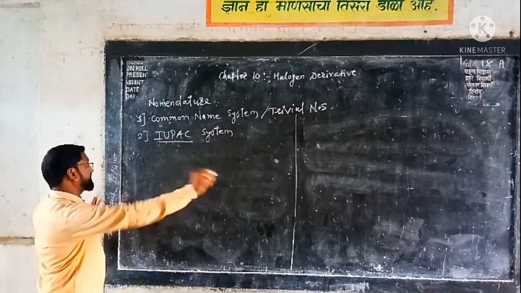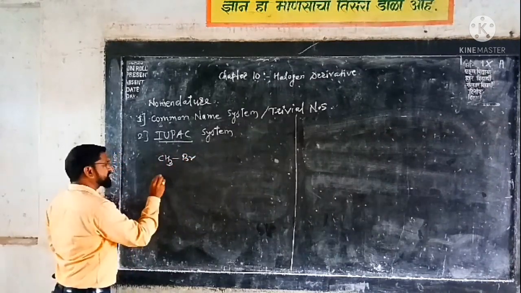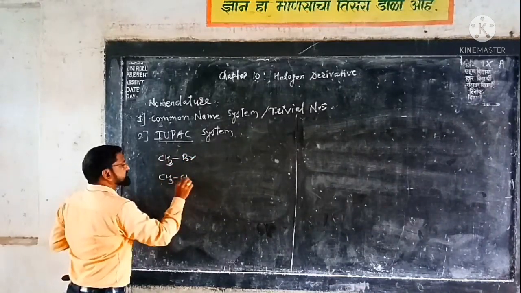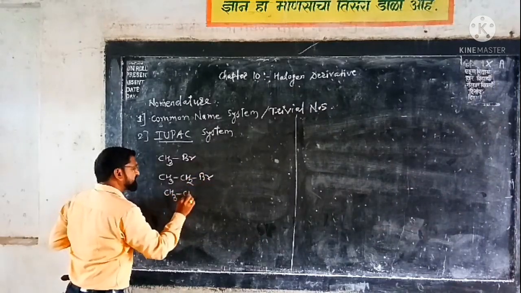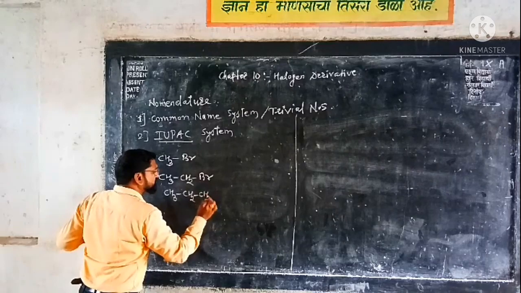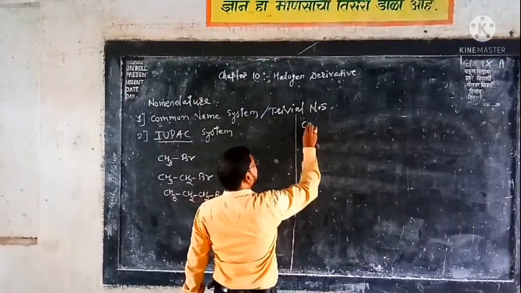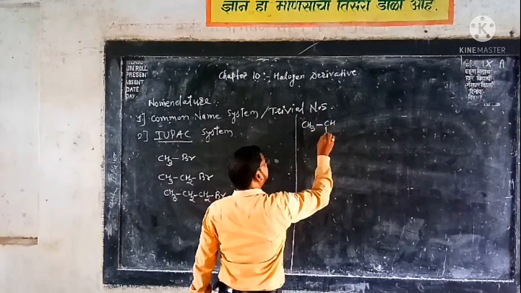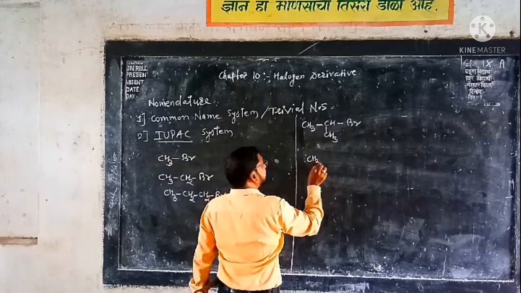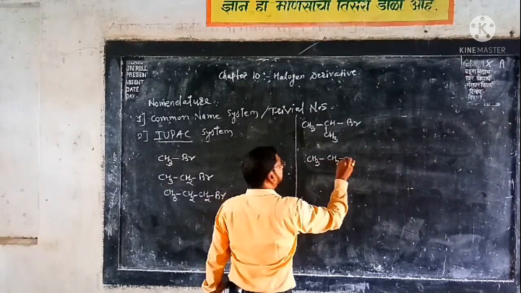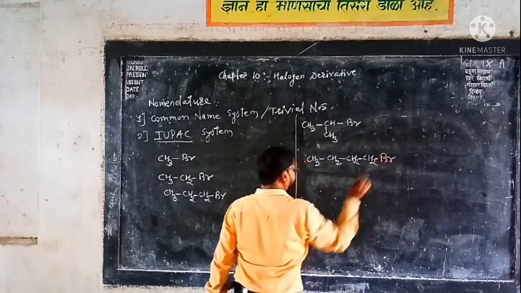For example, see here. We have this compound CH3Br. I am writing them first: CH3CH2Br. After that CH3CH2CH2Br. Now the next case is CH3CHBrCH3. Next is CH3CH2CH2CH2Br.